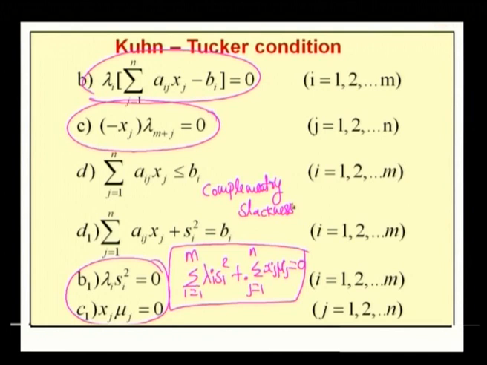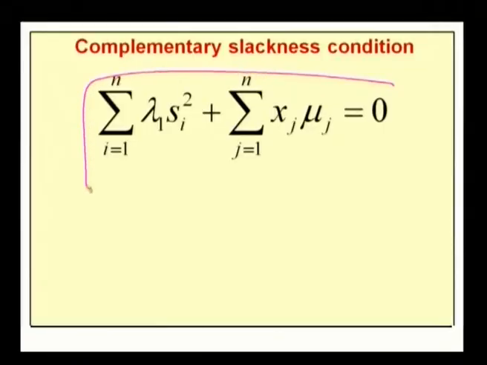So, for a given QPP, we will obtain the Kuhn-Tucker conditions as the first equation A, then B1, C1, D1. From B1 and C1, we will get the complementary slackness condition: summation lambda I si squared plus summation xj mu j equal to 0.